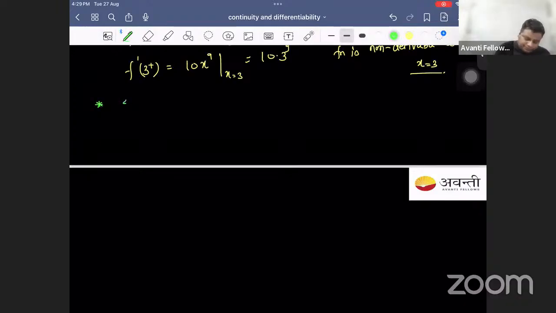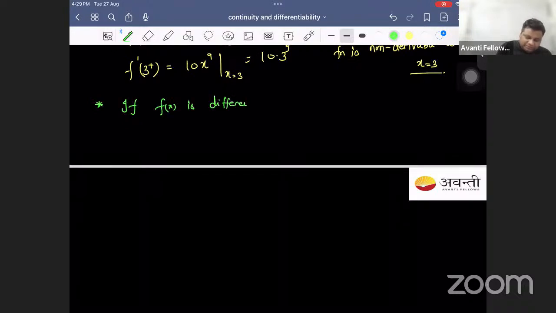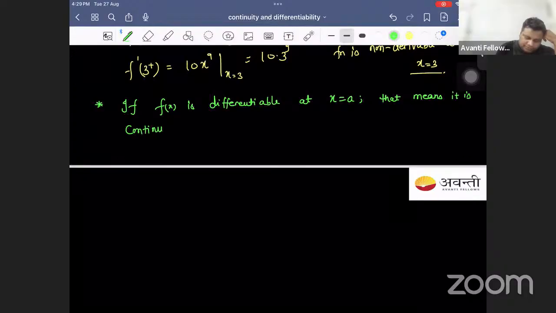If f(x) is differentiable at x equals a, that means it is continuous at x equals a.